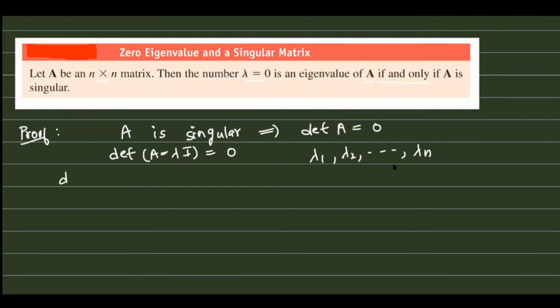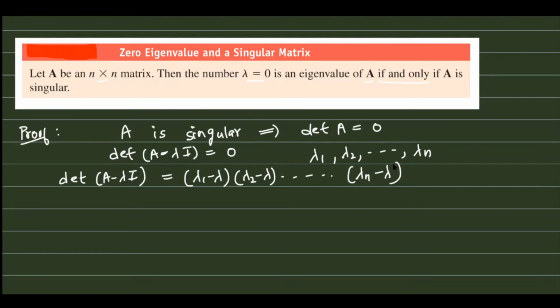So we can write the characteristic equation as determinant of A minus lambda I equal to (lambda 1 minus lambda)(lambda 2 minus lambda) etc. (lambda n minus lambda), because lambda 1, lambda 2, etc., lambda n are the roots of this equation. So lambda 1 minus lambda will be a factor, and similarly lambda n minus lambda will be a factor.